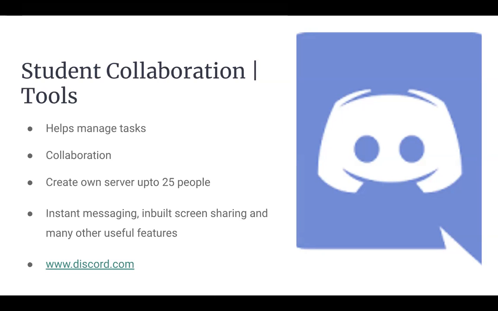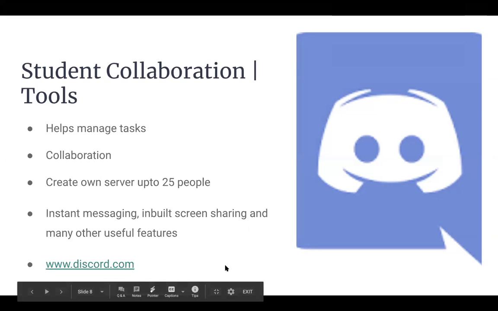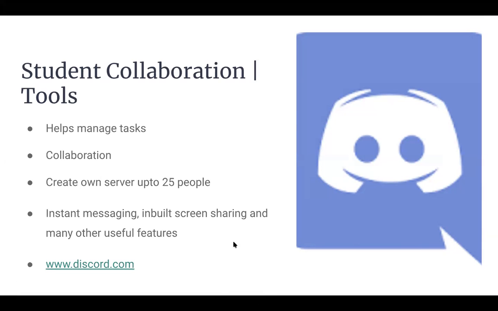It has many more features; you can think of it as a very advanced version of WhatsApp. We only know of WhatsApp groups, but this takes it to the next level, with a lot of features. Let me show you the functionality and how it is used, the basic layout and everything.